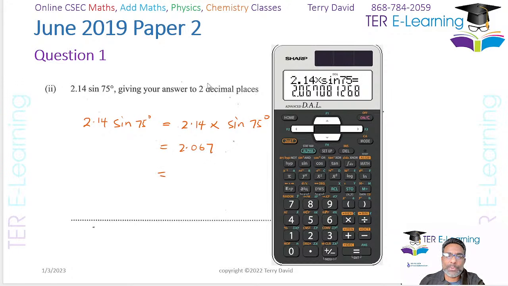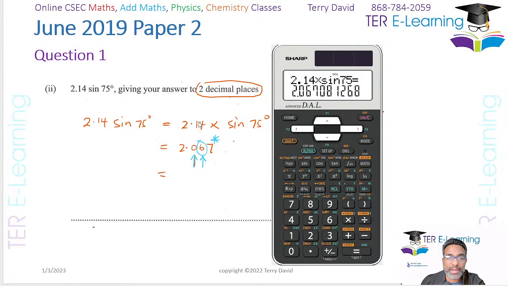Now, the question says that we should give our answer to 2 decimal places. We have to decide what we are going to adjust. This 0 is my first decimal place, and the 6 is my second decimal place. Since we want 2 decimal places, we need to look at the number that comes right after, which is 7.